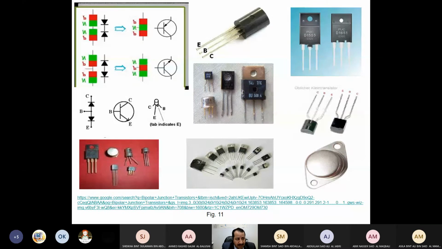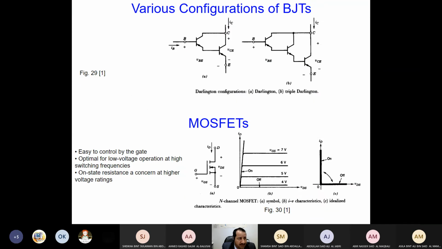This is how it looks in the market, and I made a link here for you to go and see the different types available in the market. We can also connect them in Darlington, as you see, which has been discussed before. And I also discussed MOSFET. If you remember, in level 2 we discussed MOSFET: drain, source, gate. We mentioned that this is a voltage-controlled device compared with BJT, which is a current-controlled device.